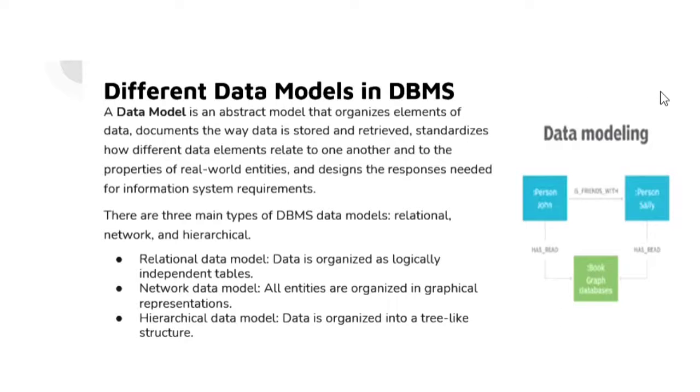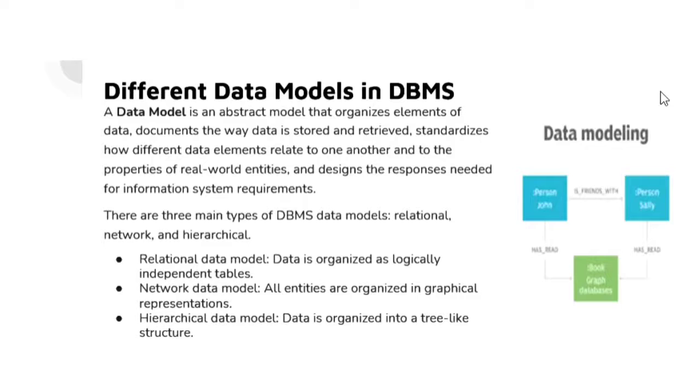Now, there are different data models in DBMS. Before studying the different types of data models, let's understand what a data model is. A data model is an abstract model that organizes elements of data, documents the way it is stored and retrieved, and standardizes how people can define and view data elements and their relationship with one another.